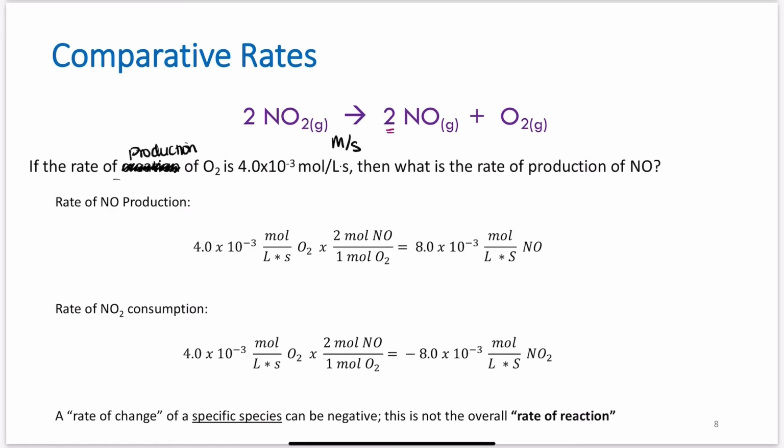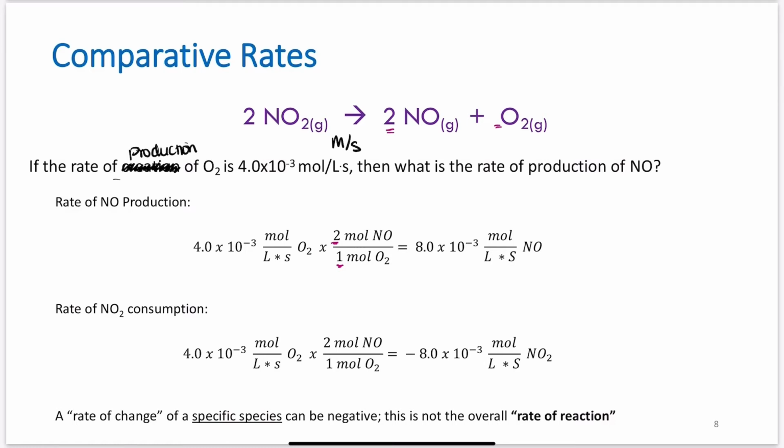I have 2 moles of NO being produced for every 1 mole of O2 being produced. That means that the rate of NO production would be 8 times 10 negative third molar per second. It's being produced at a rate twice as fast as O2 because I need to produce twice as much of it. So compared to O2, I have double the amount of NO.